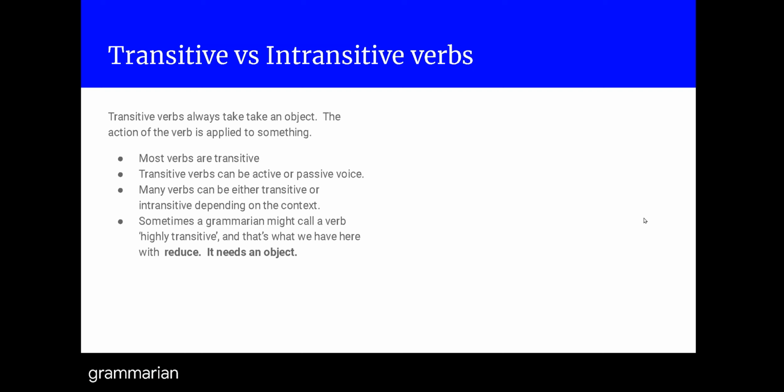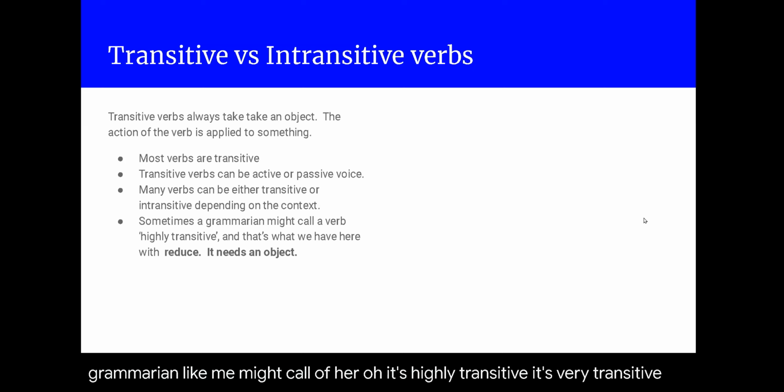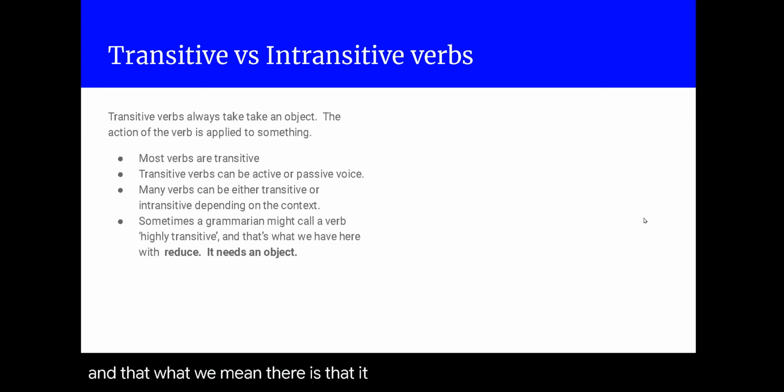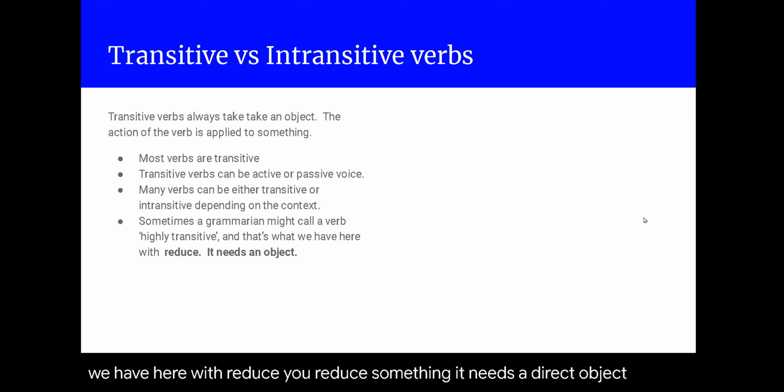Sometimes a grammarian, like me, might call a verb highly transitive, very transitive. What we mean there is that it kind of has to be transitive. And that's what we have here with reduce. You reduce something. Okay? It needs a direct object.